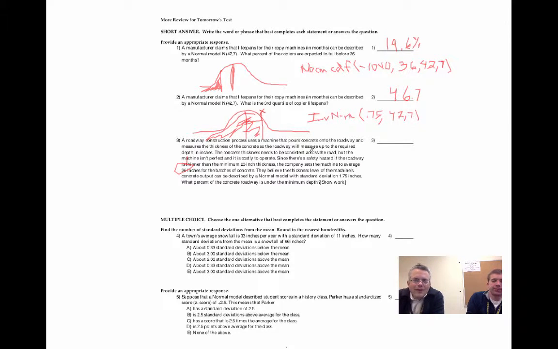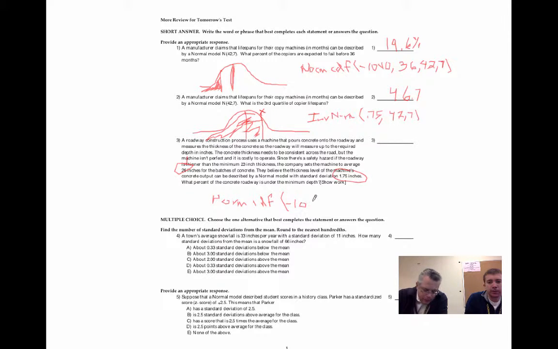Circle the 1.75. This is actually normal CDF because it's asking what percent's less than the minimum depth. So what percent is less than 23 inches? Because they say 23 is the minimum. Very much like the first one. Lower limit, something big and negative.